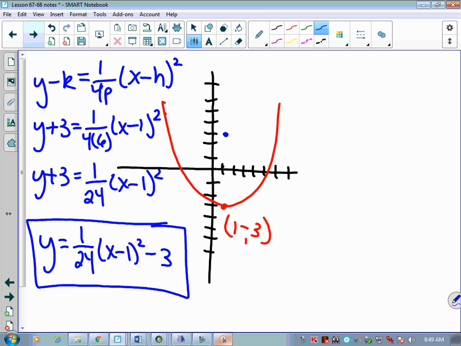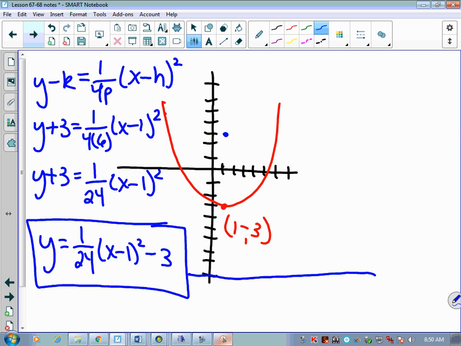All right, so first thing you want to see is we are 6 away this way from our focus, correct? So in order to get my directrix, what am I going to have to do for my vertex? 6 down. So 1, 2, 3, 4, 5, 6. Now what kind of line is that going to be? Is it going to be horizontal or vertical? Horizontal. And it should come across like this.